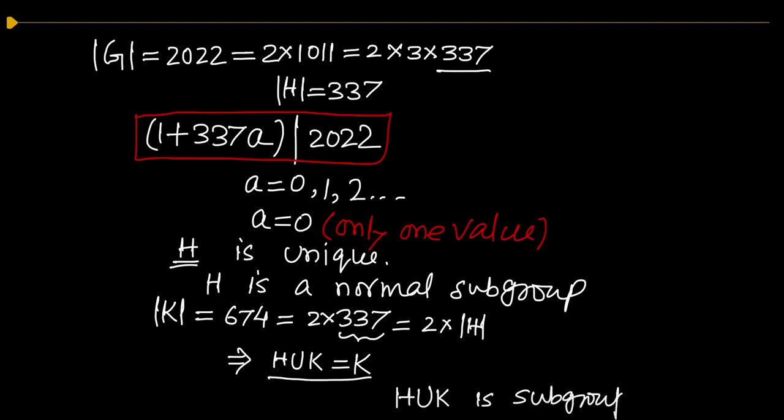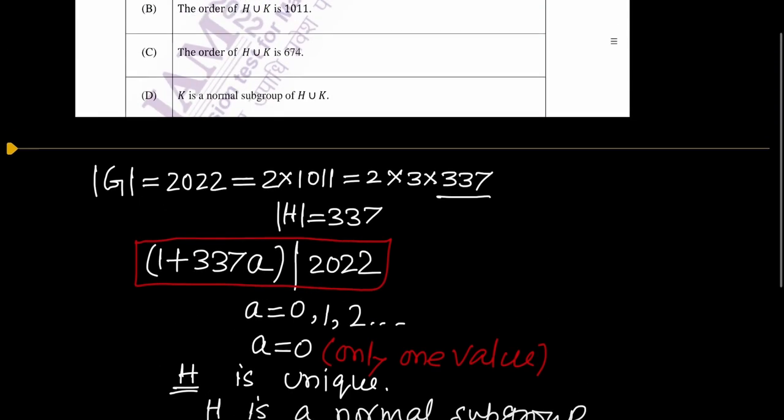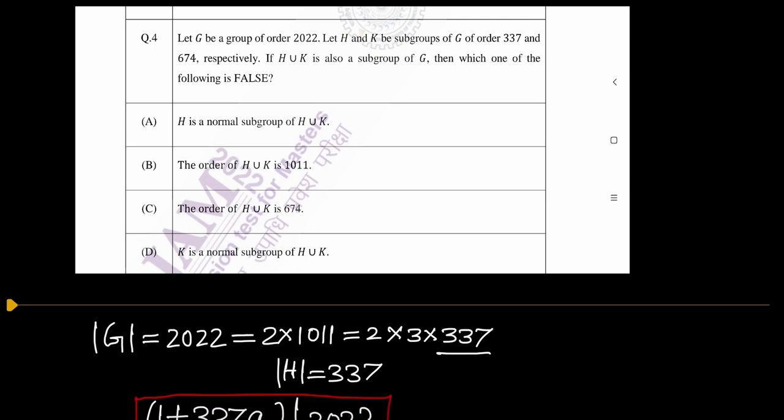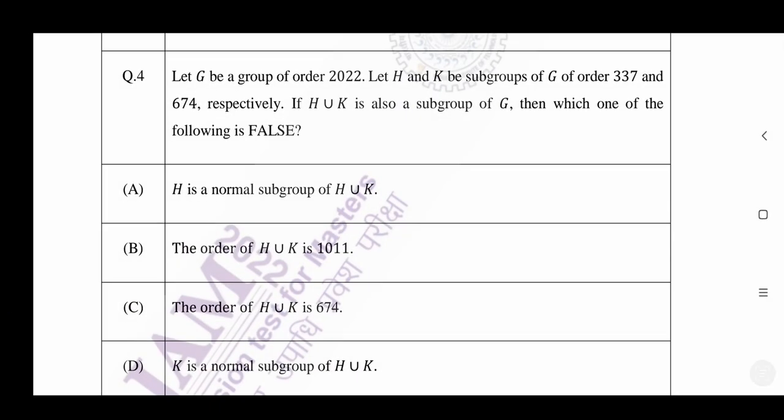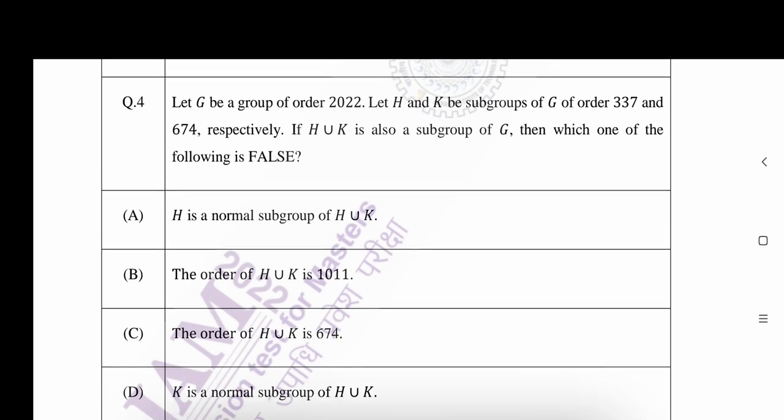It is possible only when H is a subgroup of H union K. So from this we have H is a subgroup of H union K, and I have proved that H is a normal subgroup. So our option A is correct.